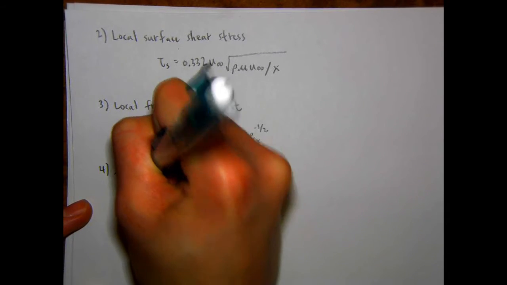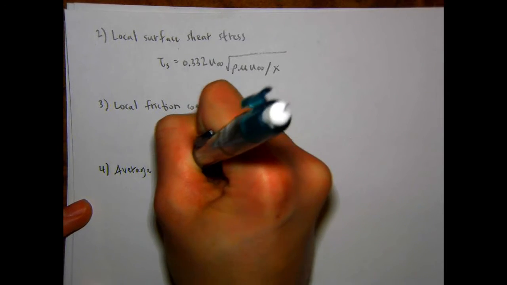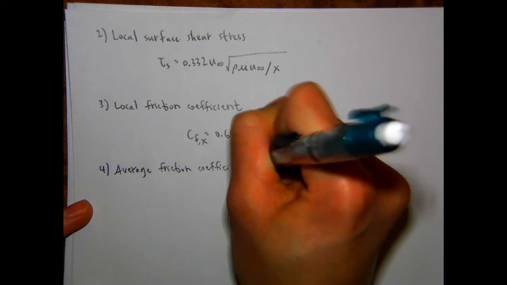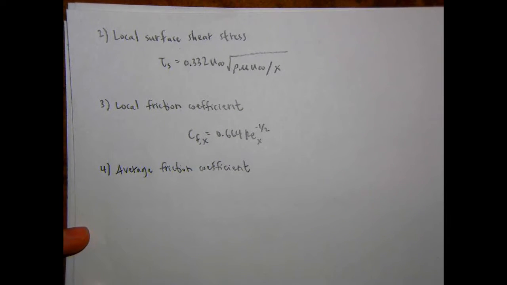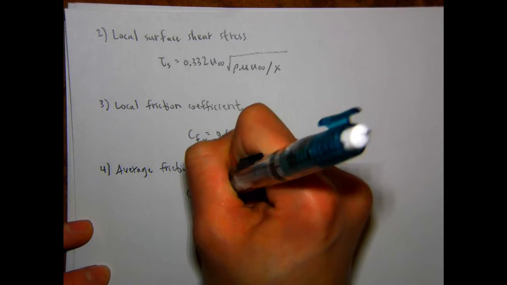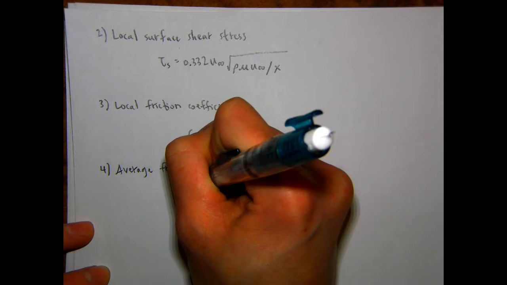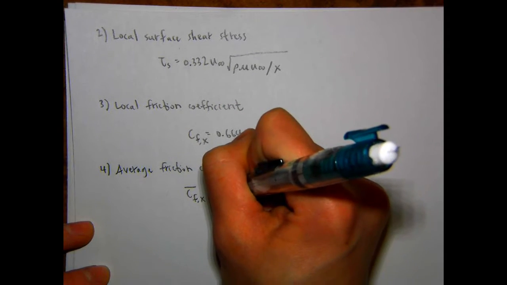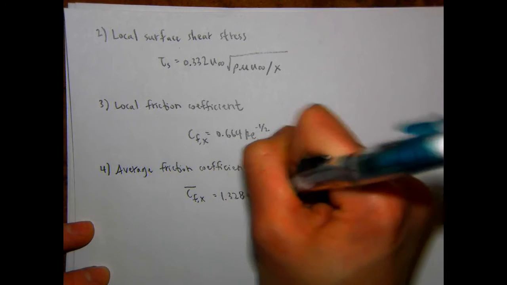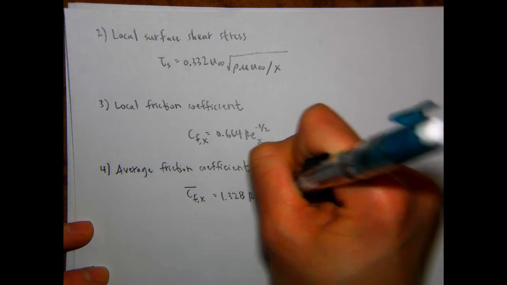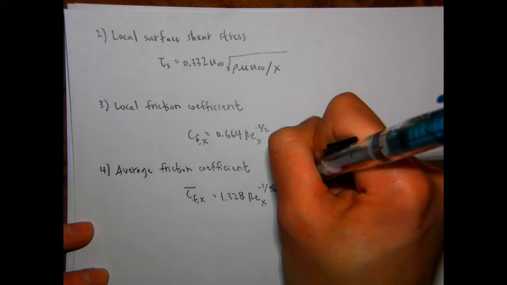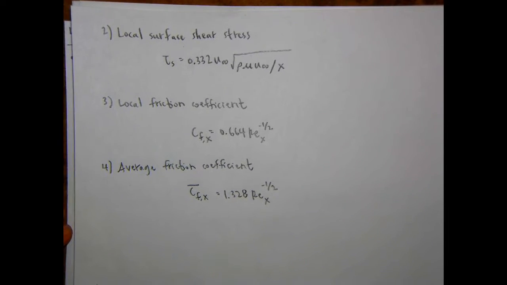So then the average friction coefficient, denoted by the bar, is 1.328 times the Reynolds number to the negative 1/2.